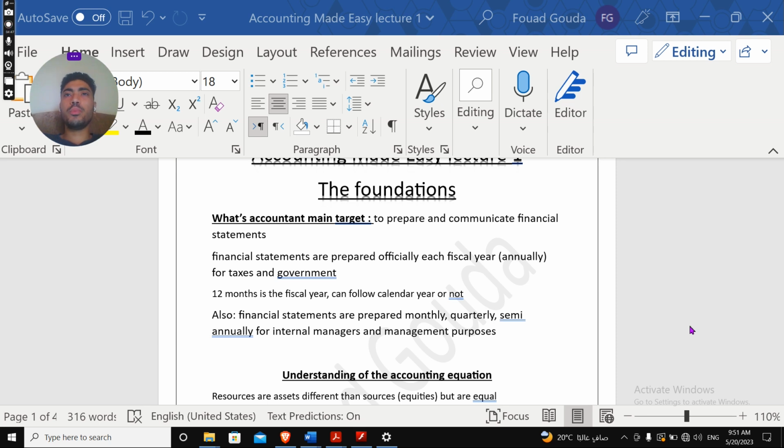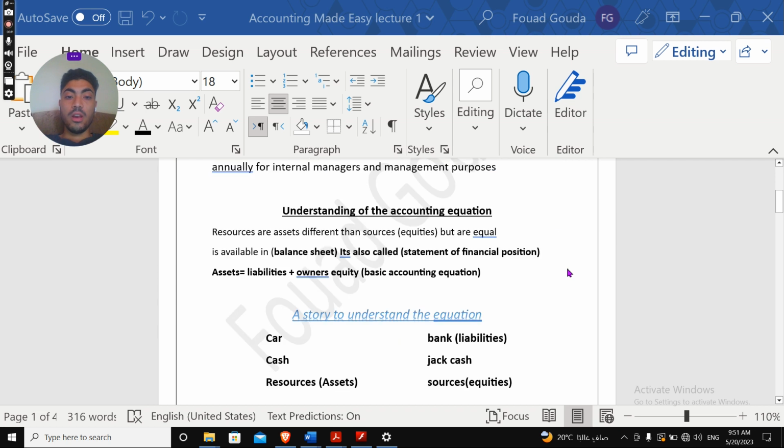If we didn't prepare it quarterly or monthly, how would we measure? So it's for internal managers to take appropriate decisions. But for the government, it's annually. For the taxes, it's annually.